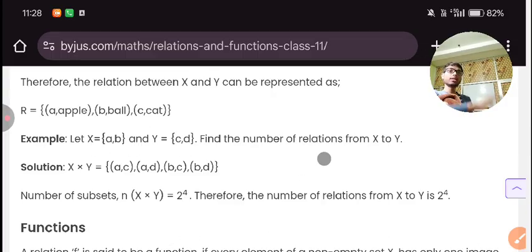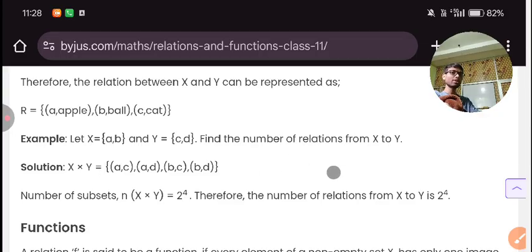Okay, find the number of relations from x to y. The Cartesian product x × y would be what? (a, c), (a, d), (b, c), (b, d). That's it. So can we say the number of ordered pairs of these sets would be what? 2 multiplied by 2, 4. 4 of course.